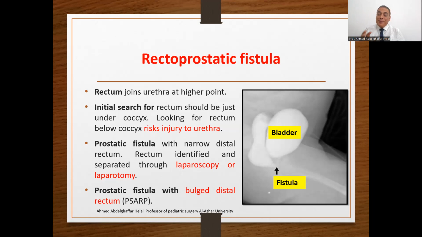So prostatic fistula means that the rectum ends in the prostatic urethra. Maybe two types, high prostatic fistula and low. The low one can be approached from the posterior sagittal anorectoplasty. The high one will need assisted laparoscopy or laparotomy to separate the rectum from the urethra using an intra-abdominal approach in high cases.